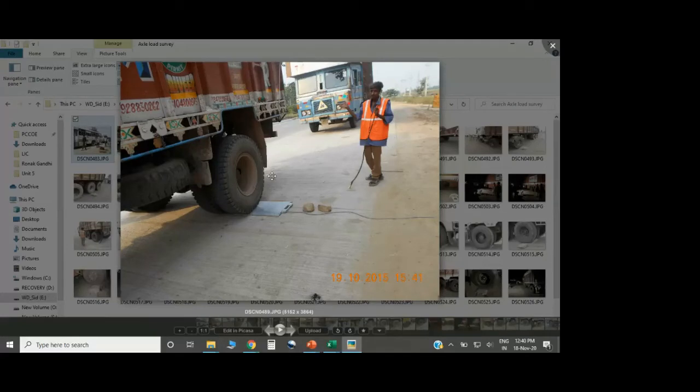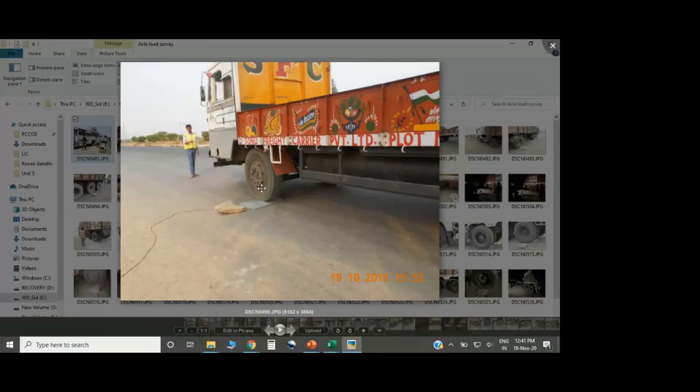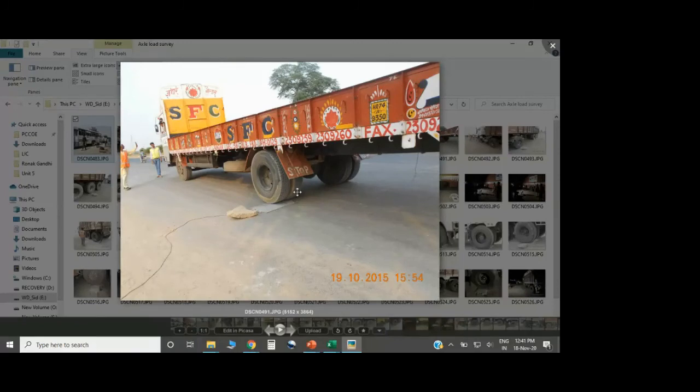Okay. So whatever load or weight you have taken, that is the weight of half of the truck or half of the axle, because you have taken only the weight on one side. If you multiply it by 2, you will get the total axle weight or axle load. Okay. So these are some of the photographs that you can see for axle load survey. Now you see that's a long vehicle.